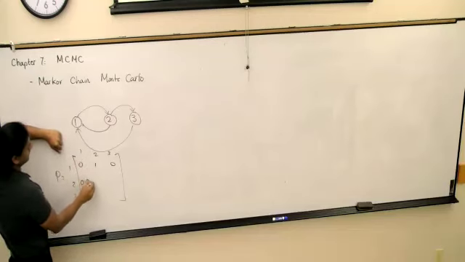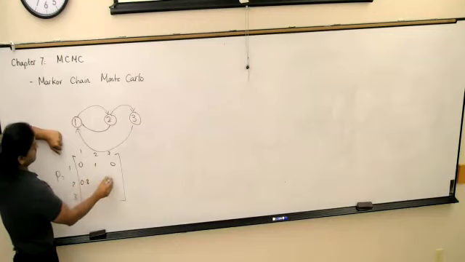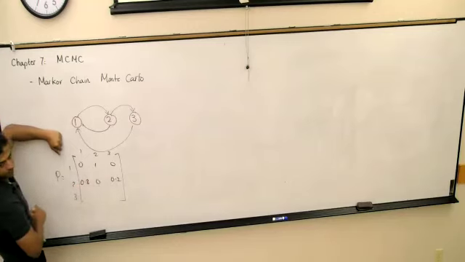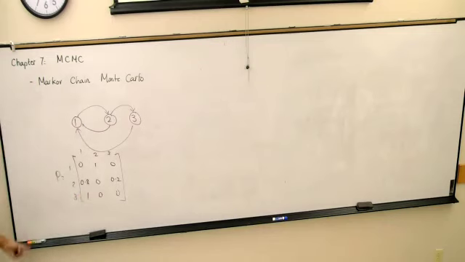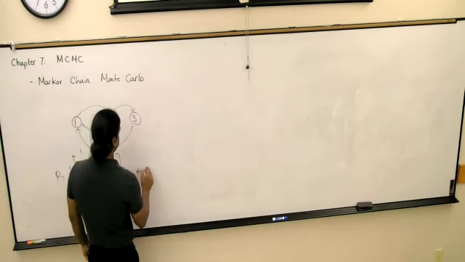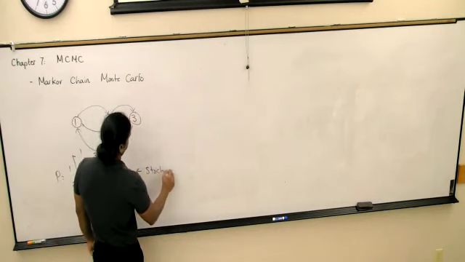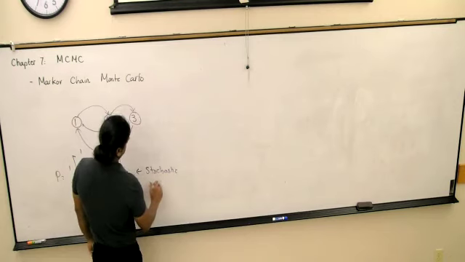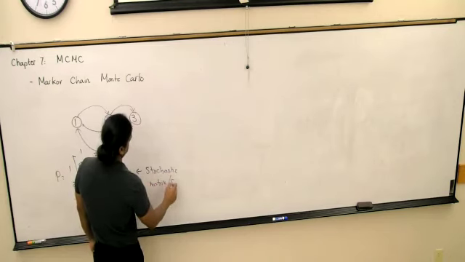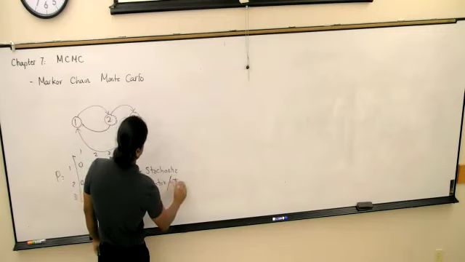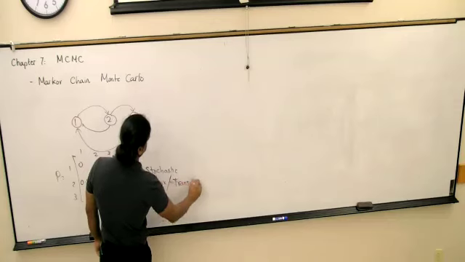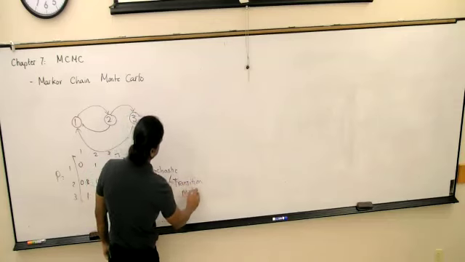Let's say 2 to 1 is 0.8 and 2 to 3 is 0.2. And 3 to 1 is possible, 3 to 2 is not possible. That's it. So that matrix is what we call a stochastic matrix, or a transition matrix.